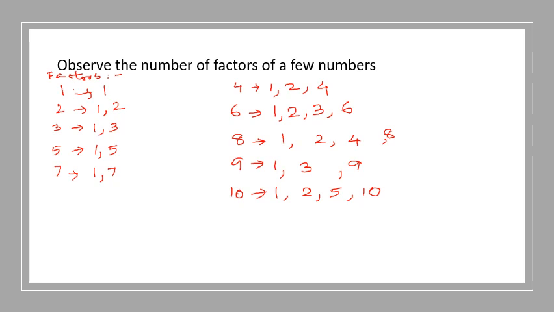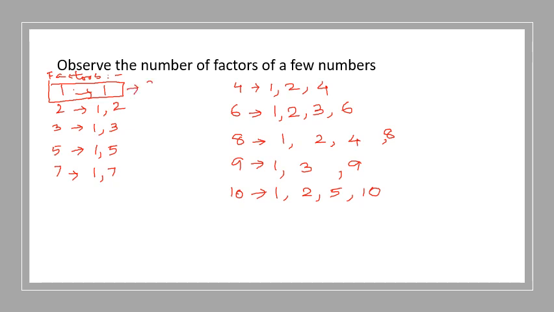Okay children. Now see here. For 1 we have only one factor, that is 1 itself. All other numbers have 2 or more factors. There is no other number which has only 1 as a factor.